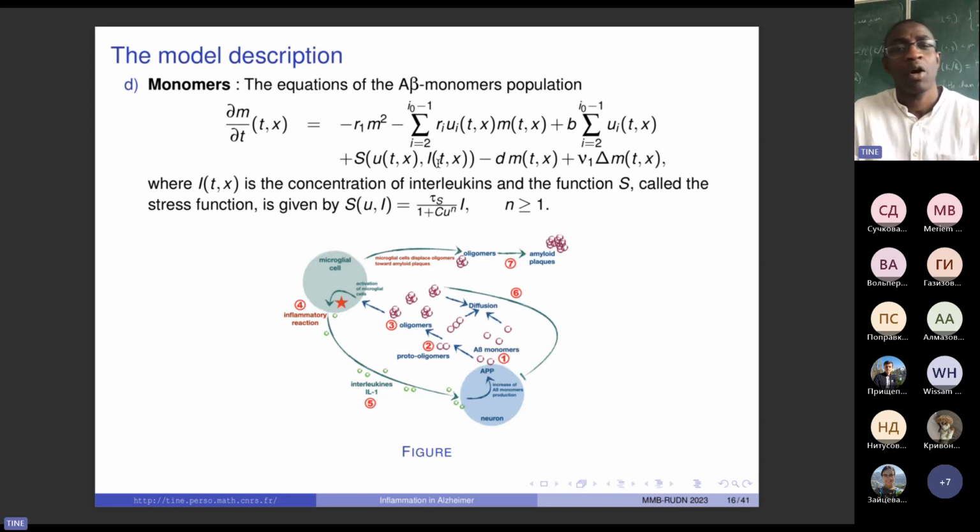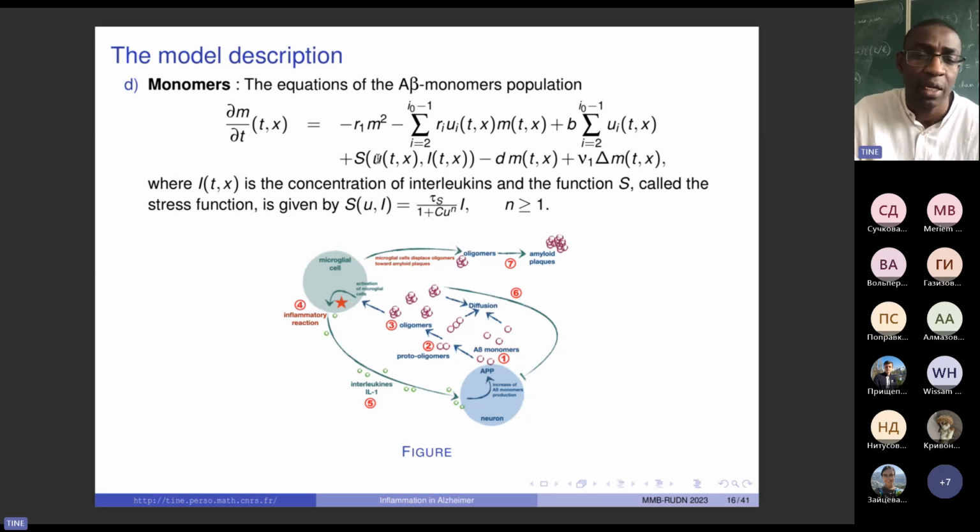This gain term, of course, as I said before, when we have the activation of microglia cells, these microglia cells activate an inflammatory process, and we have the production of interleukins. So the production of interleukins depends on the presence of oligomers, because when there are oligomers, we have activation of microglia, and so microglia can produce interleukin.